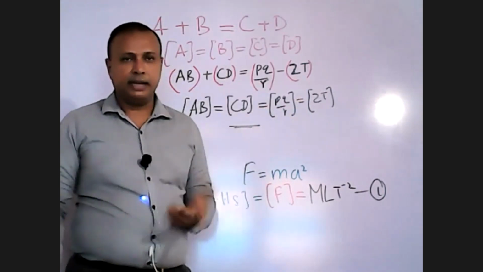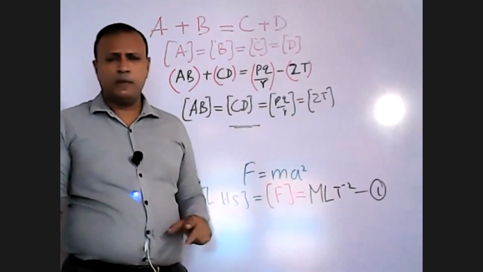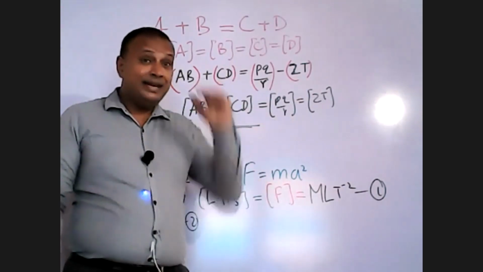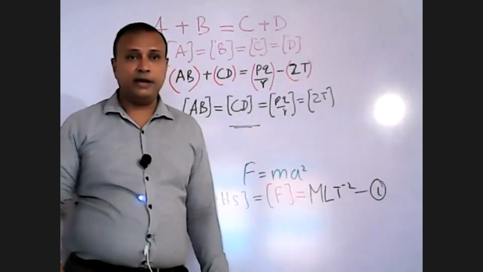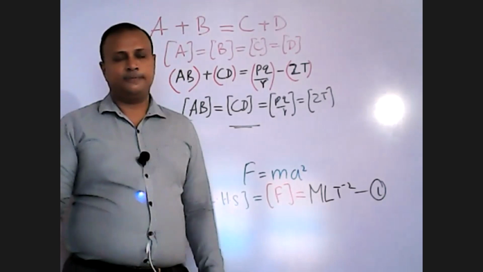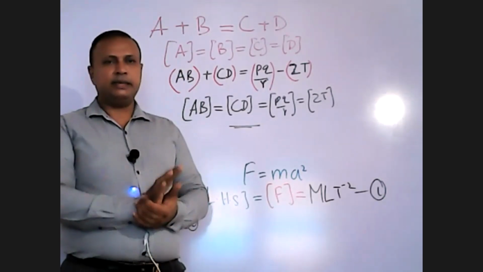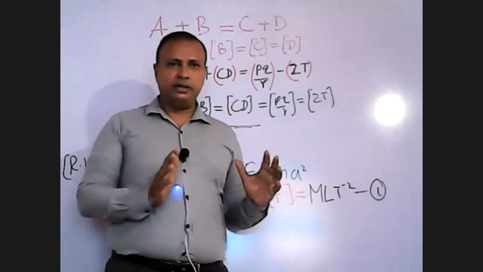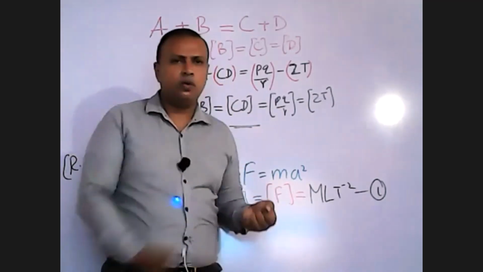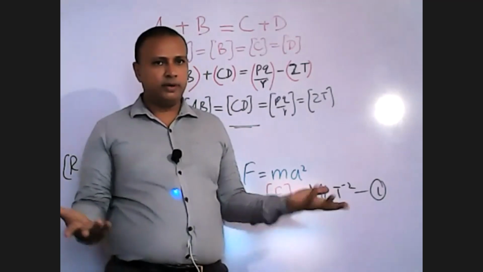Division or multiplication can be done within different physical quantities, but addition or subtraction cannot be done between 2 different physical quantities. The easiest example is we cannot add 5 seconds to 5 kilogram sugar.